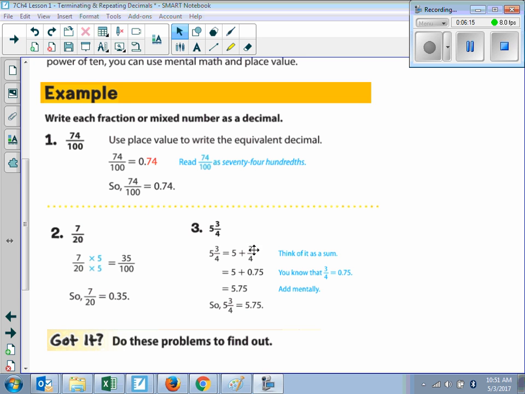The 3/4, well, we know that 3/4 is 0.75, right? If you don't know that 3/4 is 0.75, or if you have a fraction that you don't know the decimal form of, you can always just divide 3 divided by 4.